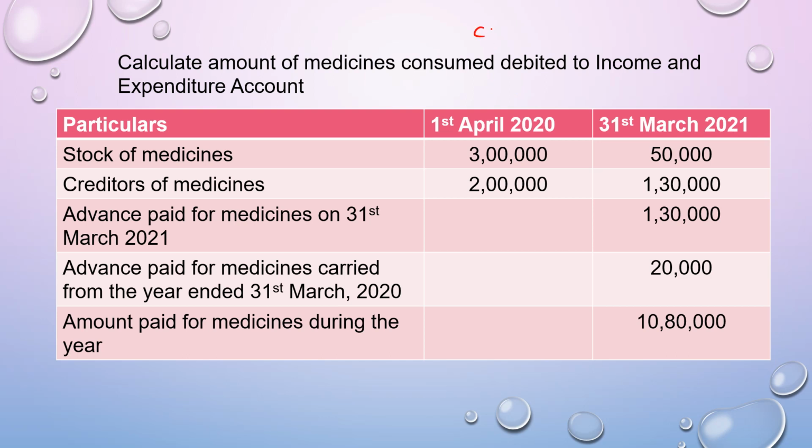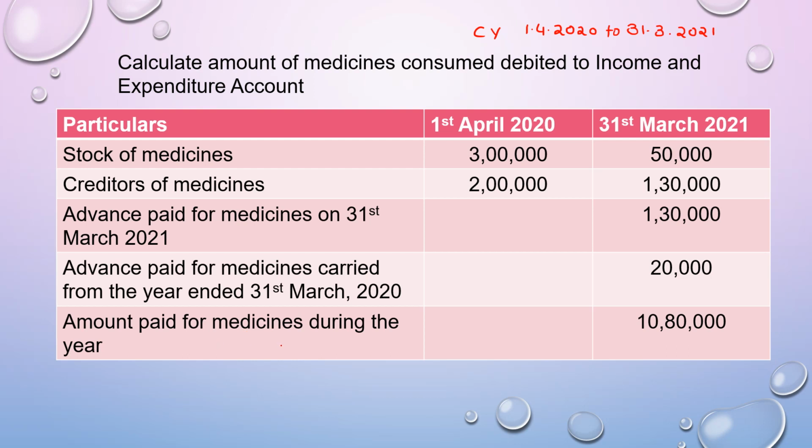Our current year is 1st April 2020 to 31st March 2021. So in the previous year they had paid advance for the medicine that would be supplied in the current year. That stood at 20,000. And the amount paid for the medicine during the year is 10,80,000.